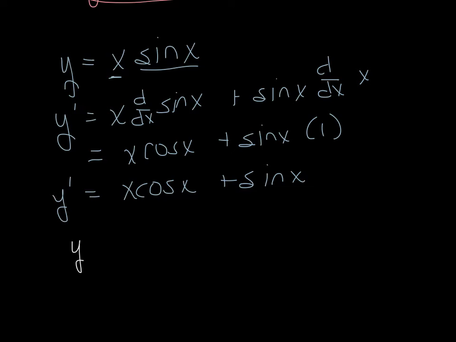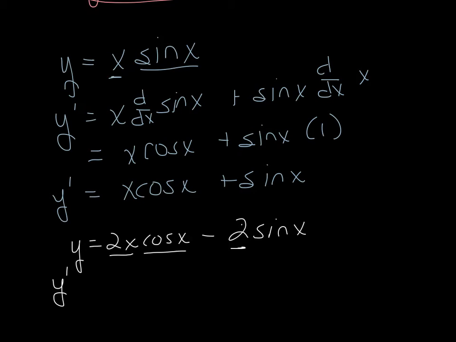Now we could do something similar here. If y equals 2x cosine x minus twice the sine of x. Okay, here we have the product rule, first term times the second. And this is just a constant, so we don't have to use a product rule right here.